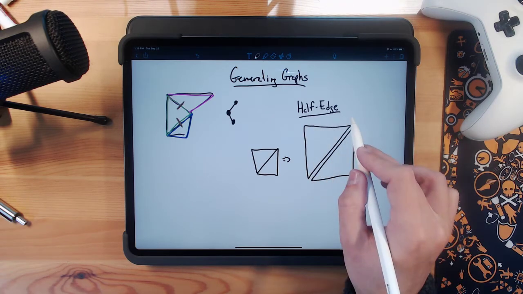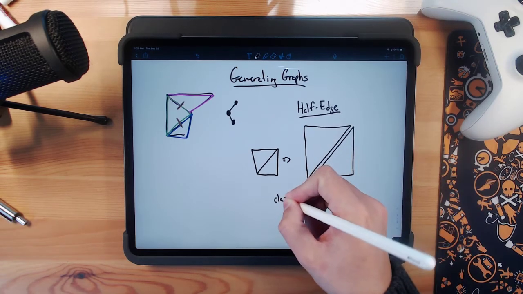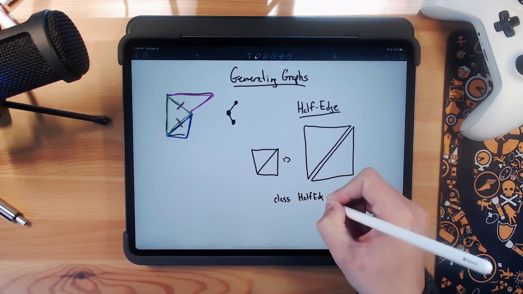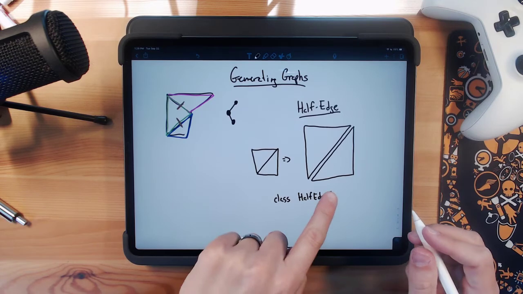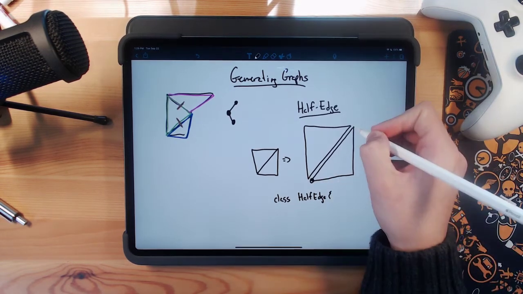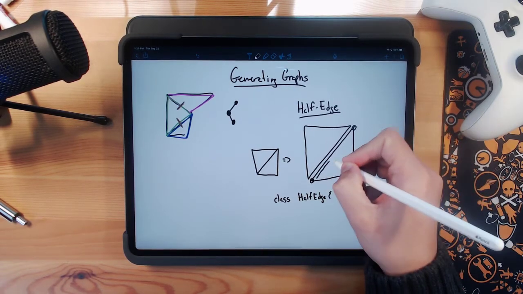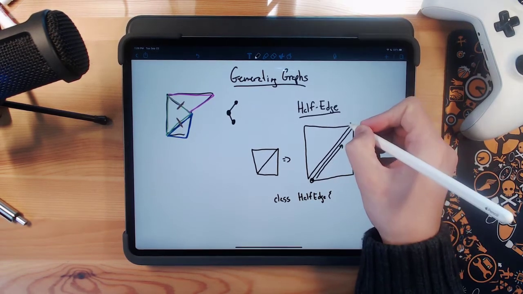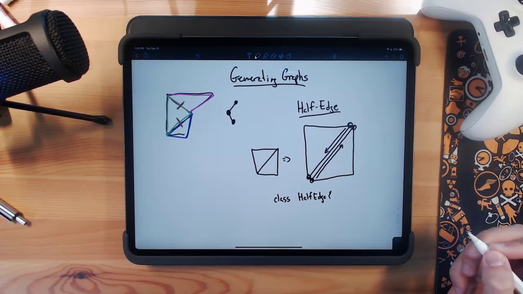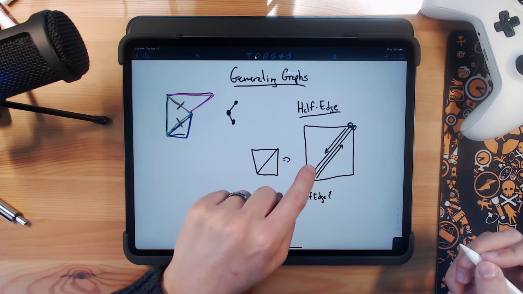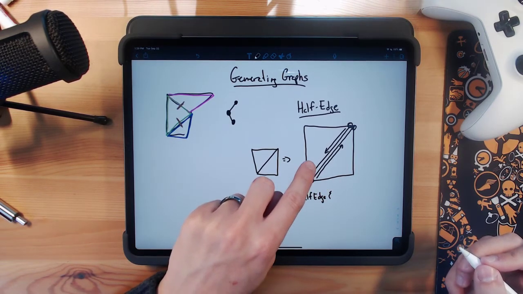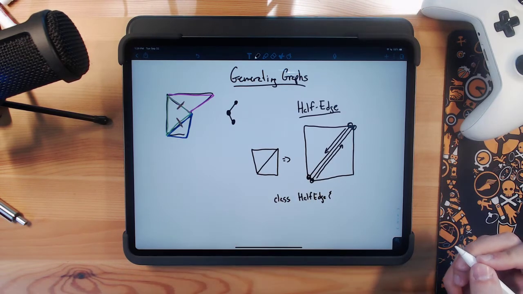If I just wrote this out as a small class, each half edge has 2 vertices. Here's a start vertex and an end vertex for this edge here, and here is a start vertex and an end vertex for this edge here. So there's 2 instances of this data structure, each representing half of this edge.